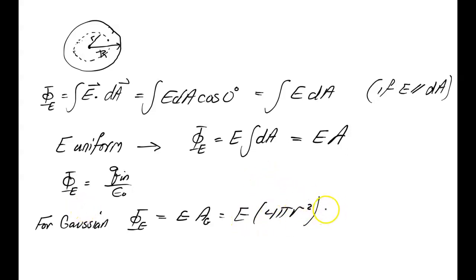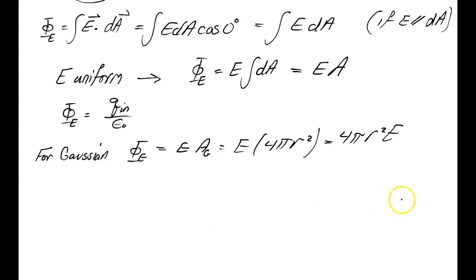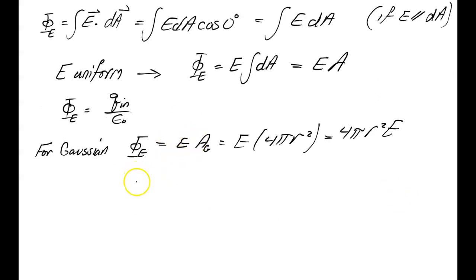If we rearrange this, we can write it as 4 pi little r squared E. But it's also Q enclosed over epsilon naught, so 4 pi little r squared E is the same as the charge inside over epsilon naught. And the charge inside is the charge density times the volume, over epsilon naught.